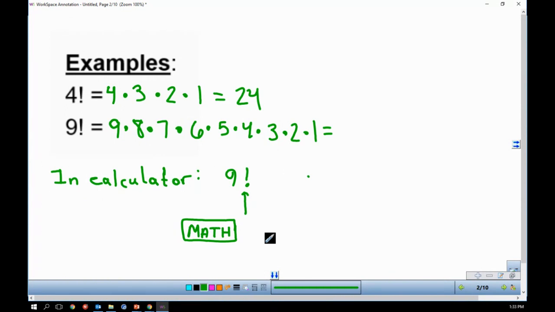So on your 84s, math, then probability, and then I think it's option 4. So that's how you get the factorial.